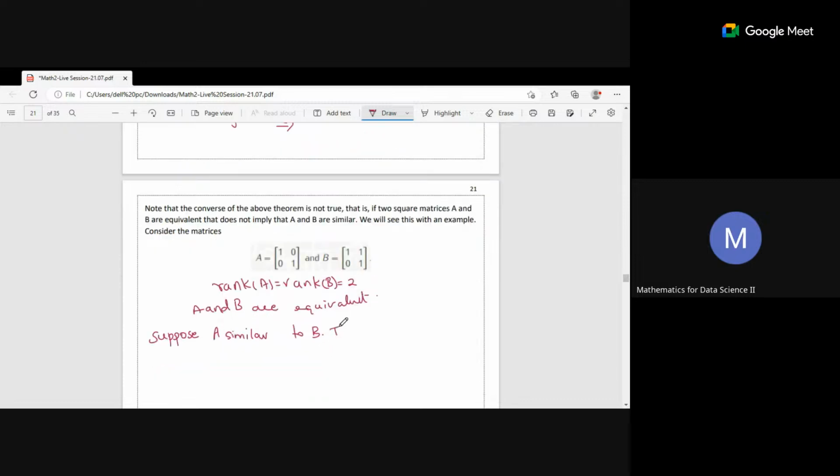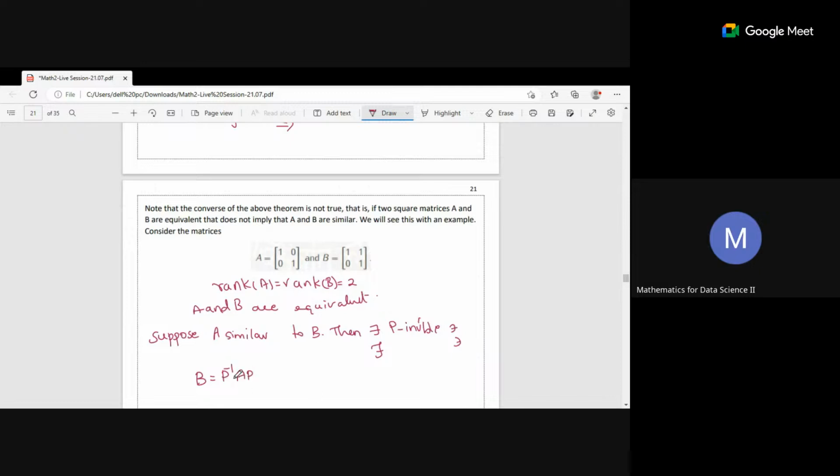Then there exists P invertible such that, okay, this symbol is there exists, this is such that. So there exists such P invertible such that B is equal to P inverse AP.